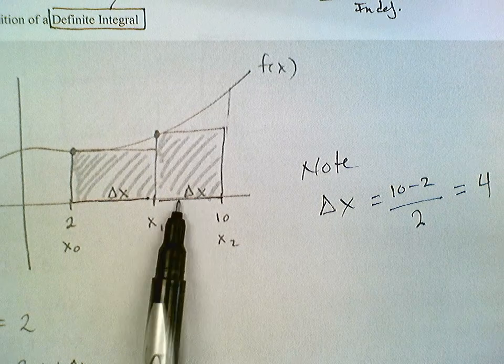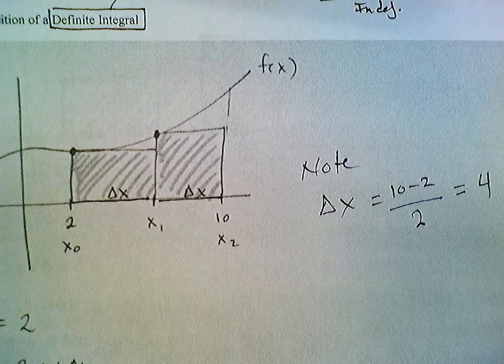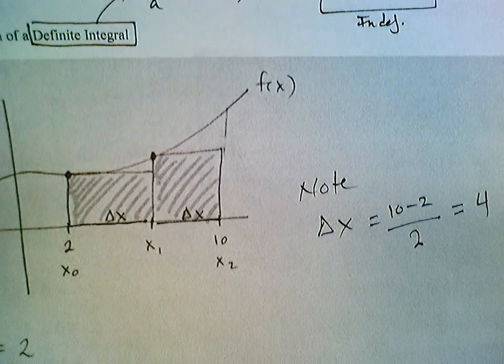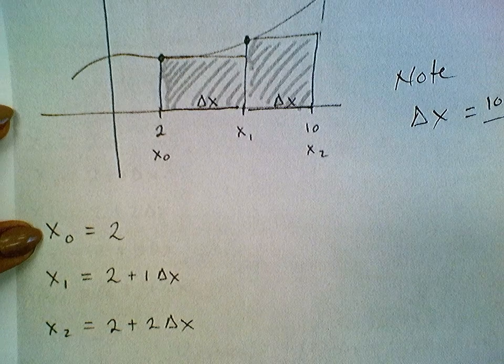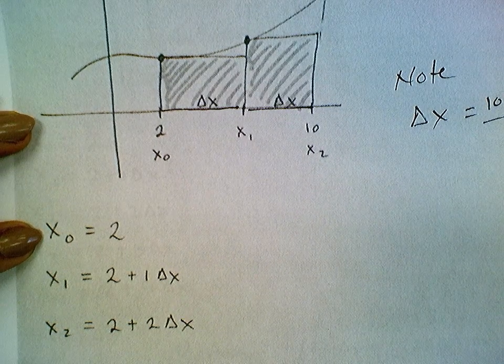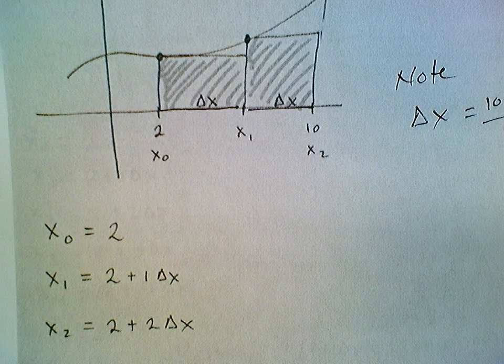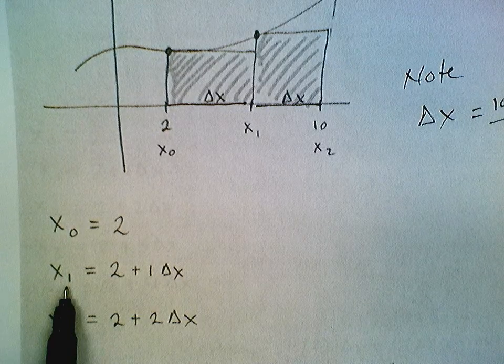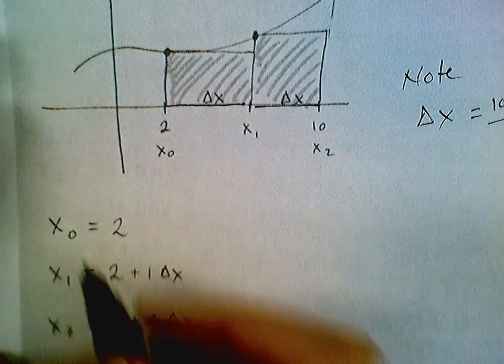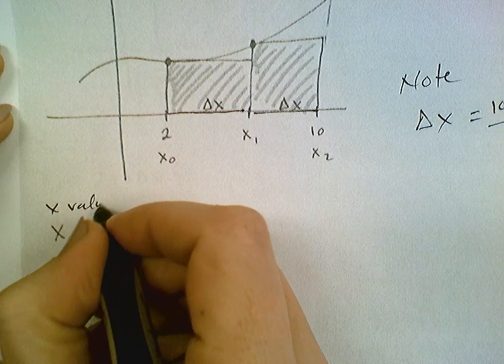So delta x is really just a length of 4 here. And this is all going somewhere, guys, so just try to understand everything I'm saying, and then you'll see how it ties together.